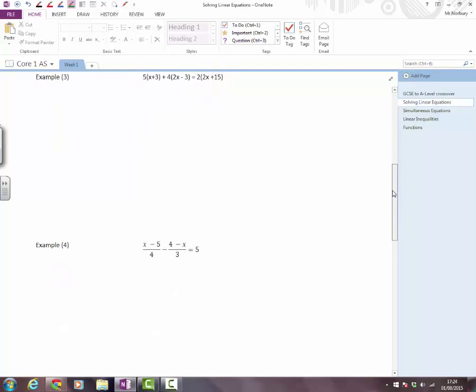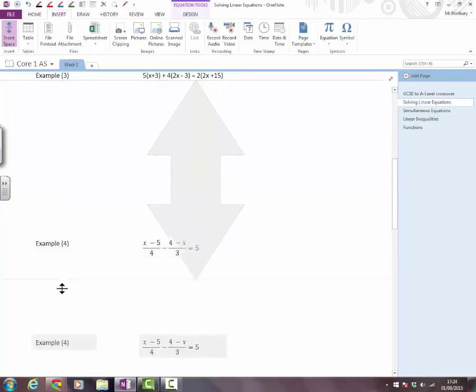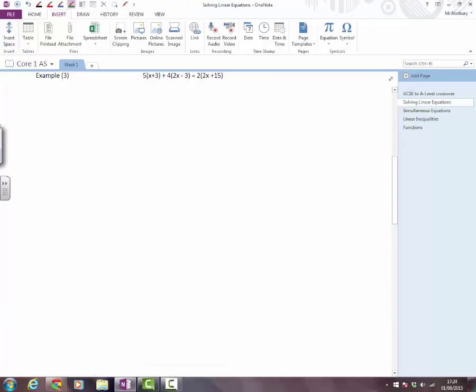Here we go. So, let me just give myself a little bit more space here. Move this right the way down, out of the way, and that's working in blue. So straight away here you can see there's lots of brackets, so we're going to have to expand the brackets. So let's do that first. 5 times x is 5x, 5 times 3 is 15.